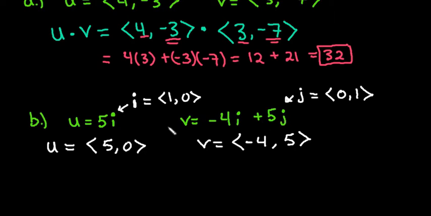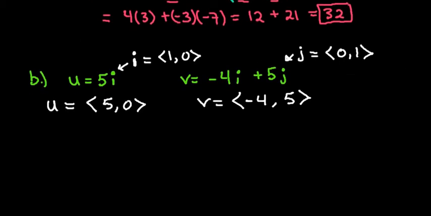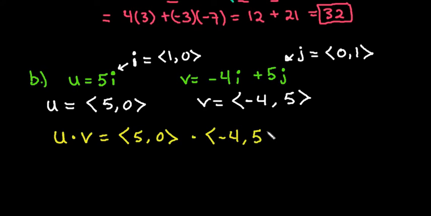You could also leave it in this form to go ahead and do the dot product, but I'm going to go ahead and do it this way just to make it a little bit easier to see. All right, so now if we find u dot v, we would just take our two values and we would multiply them together.